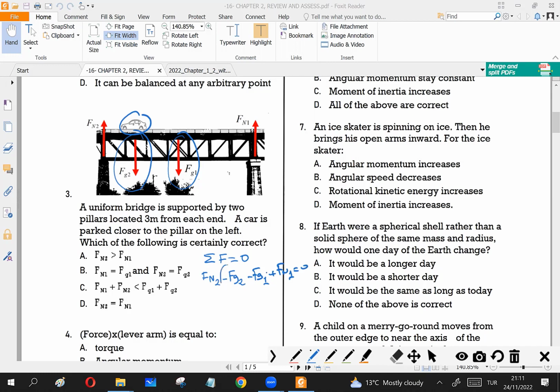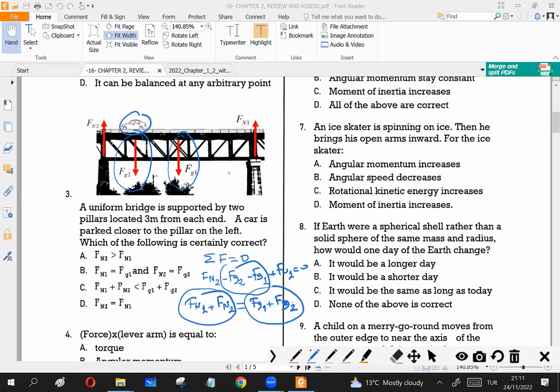So these negatives transfer to the right side, so it's going to be like this: Fn1 plus Fn2, the forces in upward direction, is going to be equal to Fg1 plus Fg2, which are the forces acting in the negative y direction, downwards. So the sum of Fn1 and Fn2 and the sum of Fg1 and Fg2 are equal to each other.